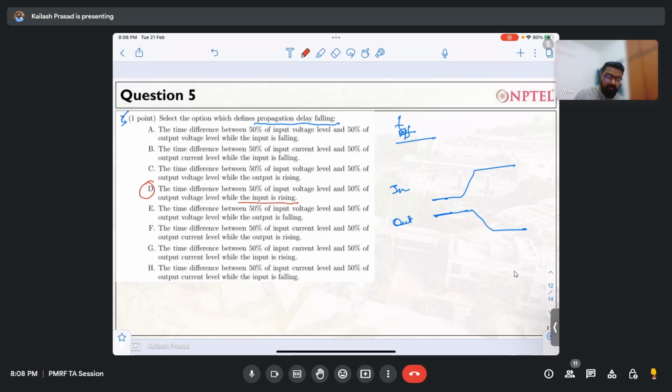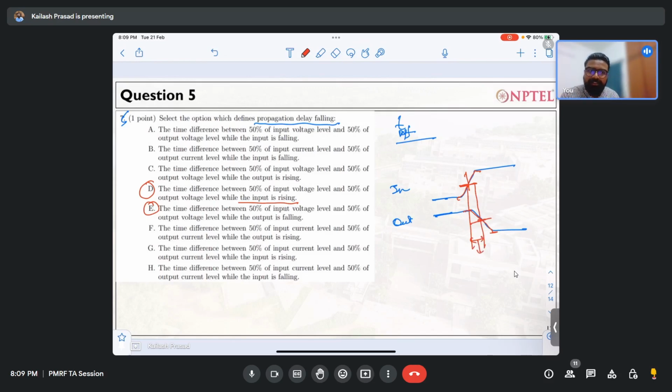Okay, anybody has any other answer? So in the case of an inverter only, these two answers both are correct, because the input will rise and the output will fall. The 50% point of the input and the 50% point of the output, whatever you get between them, will be the delay, TPDF.